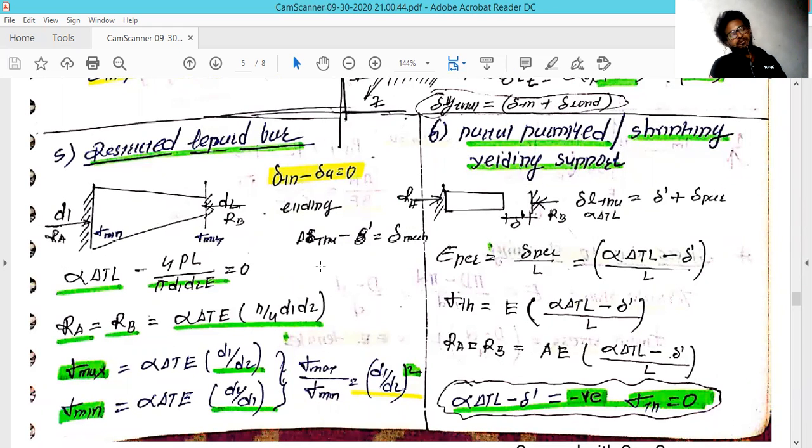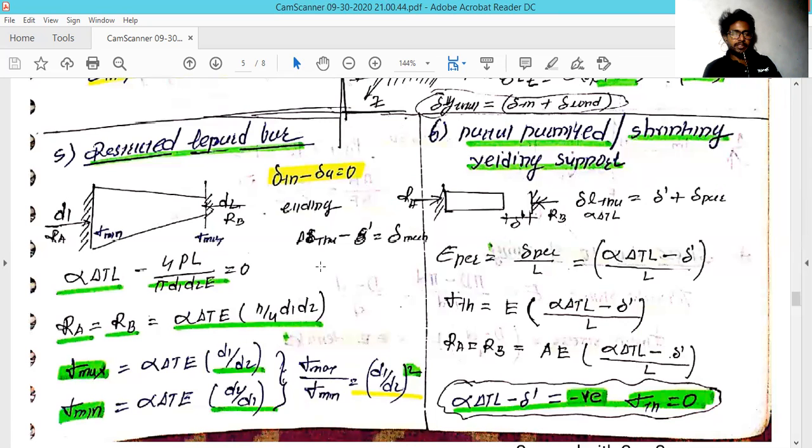Now we move to the fifth cross section, which is the taper rod, and as we have seen in the previous example, similarly in this example we have restricted both ends. So at the first end, where the diameter is d1, the force generated on that side is RA, as we have taken, and on the other side, the diameter is denoted by d2, and the force generated due to the expansion is denoted by RB.